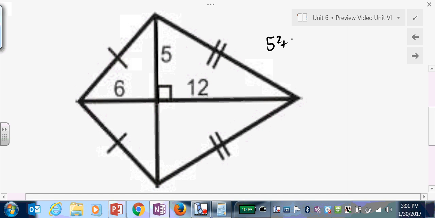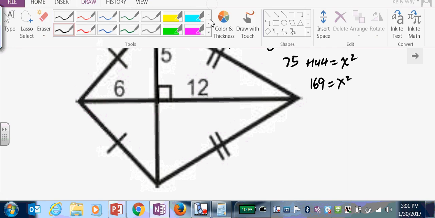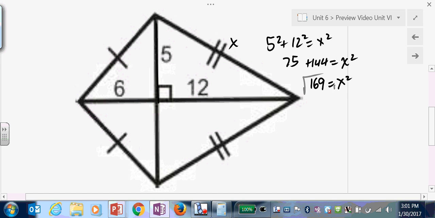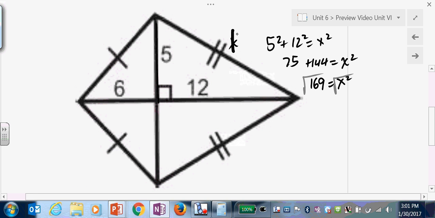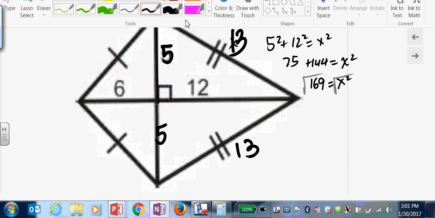So we have 5 squared plus 12 squared equals x squared, 25 plus 144. I'm going fast because you should already have the math here. Hopefully you're not copying my math, you just did this yourself, and we found that all our sides here were 13 and 13. And of course, if this is 5, this is 5.